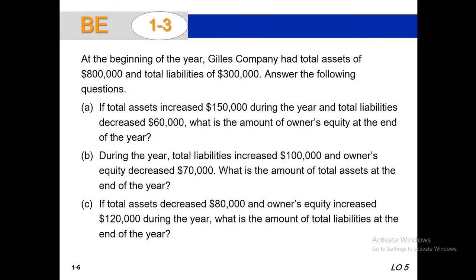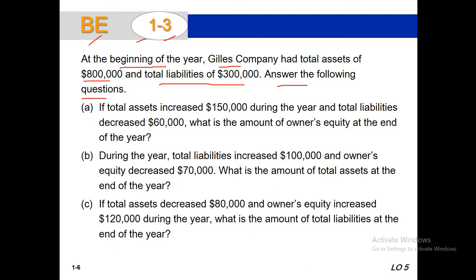Brief Exercise 3. That means this is chapter 1 and question number 3. At the beginning of the year, Gilles Company had total assets of 8 lakh and total liabilities of 3 lakh. Answer the following questions.